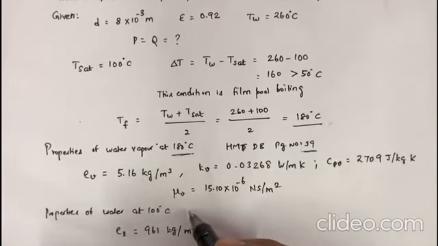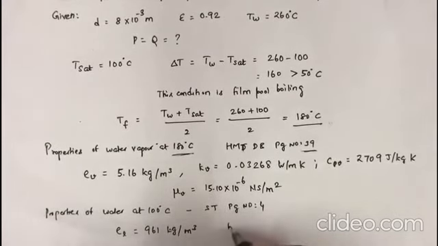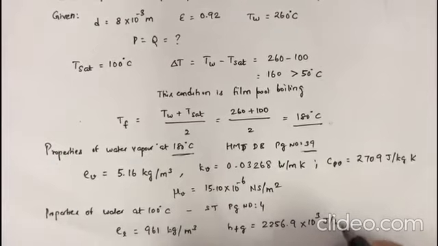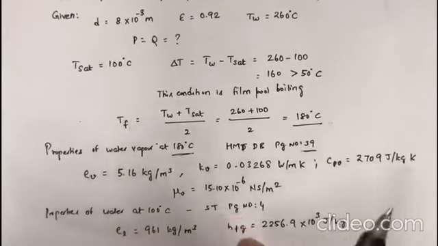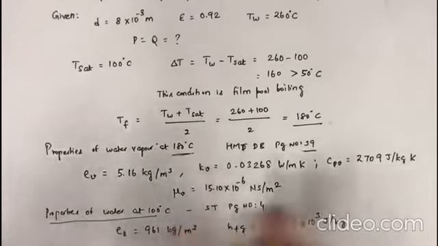So these values could be obtained from steam tables, page number 4, like we did in the previous problem. And also the HFG value, which is 2256.9 into 10 power 3 joule per kg. So these are the two values you should be noting down from the steam tables.